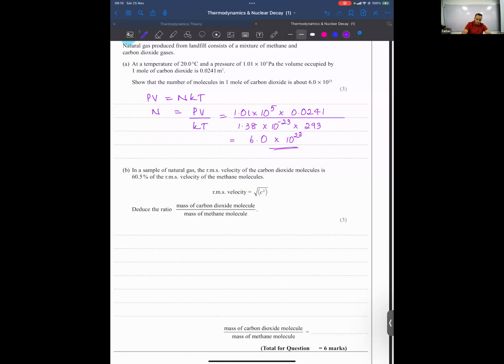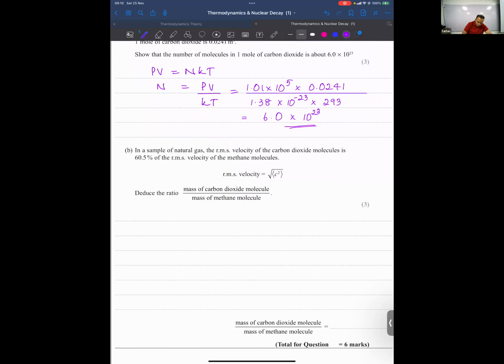So I'm going to begin with this. Mean kinetic energy of carbon dioxide is the same as the mean kinetic energy of methane. Okay.